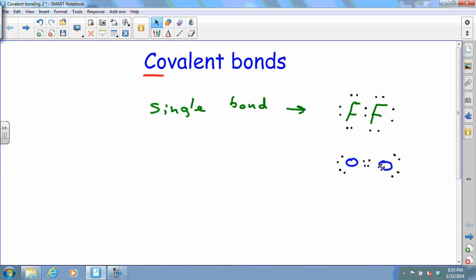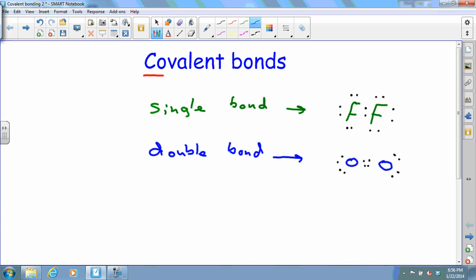By sharing this pair of electrons, we now have 2, 4, 6, 8. And then here we have 2, 4, 6, 8. So now this oxygen is stable because it's got 8 electrons in its outermost shell through sharing, covalently bonding. And this is called a double bond. So we'll write double bond.